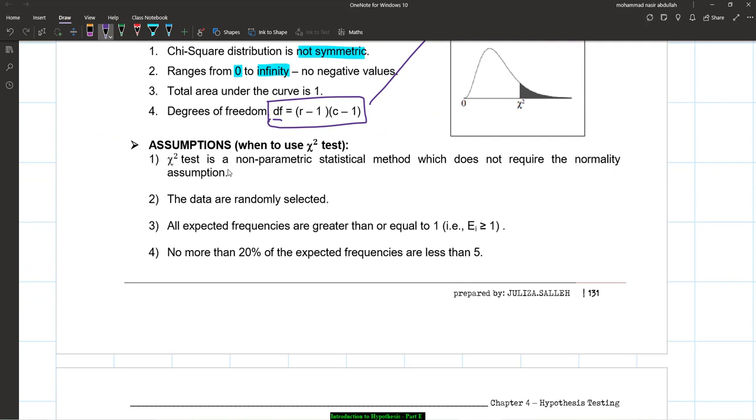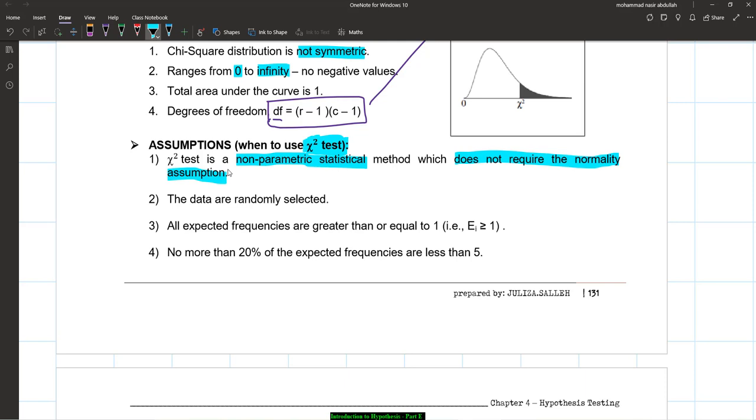There are some assumptions that we need to test in order to use the chi-square distribution, or Pearson chi-square analysis. Another name for the chi-square independence test is the Pearson chi-square test. The Pearson chi-square test is a non-parametric statistical method, which does not require any normality assumption because the distribution itself is not normally distributed.